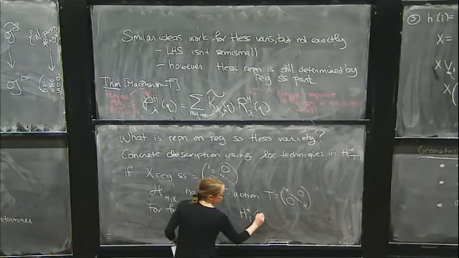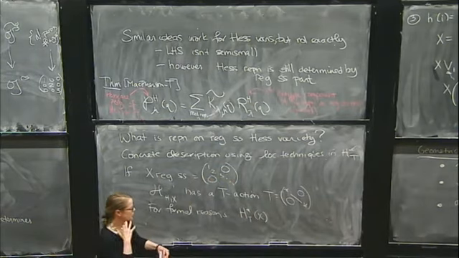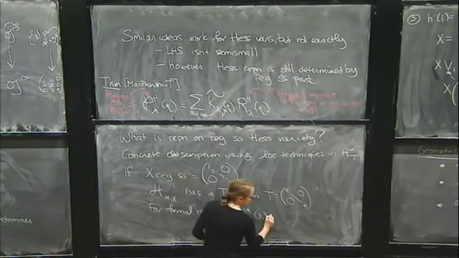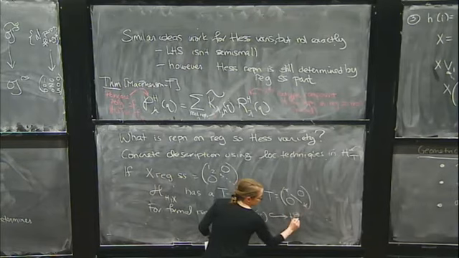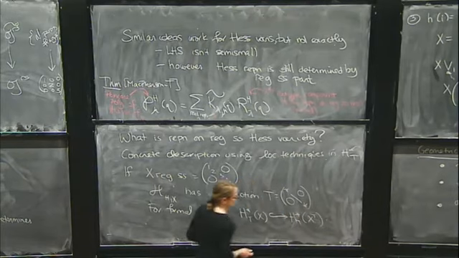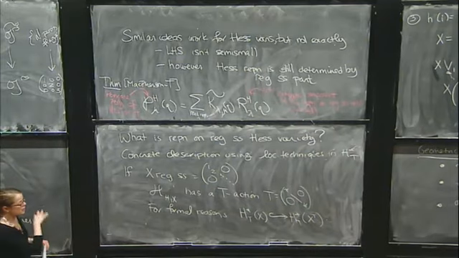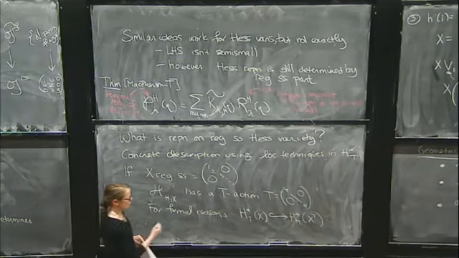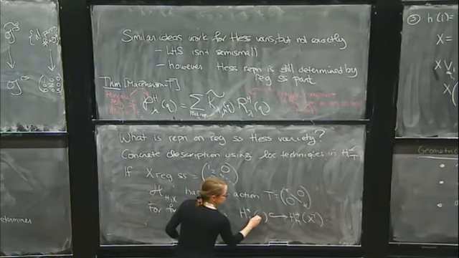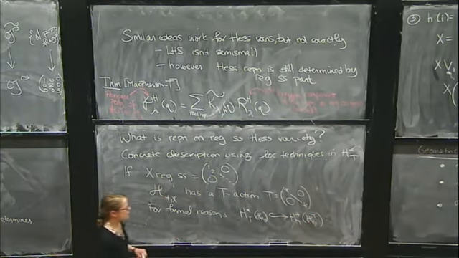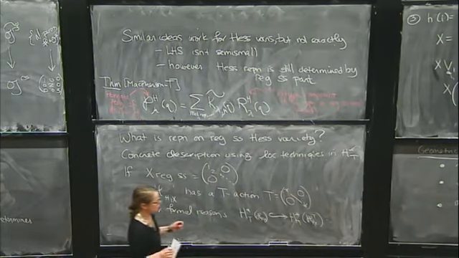We have the fixed points sitting inside of the whole Hessenberg variety. In fact, this induces an injection going the other direction, from the equivariant cohomology of the whole variety into the equivariant cohomology of the fixed points.